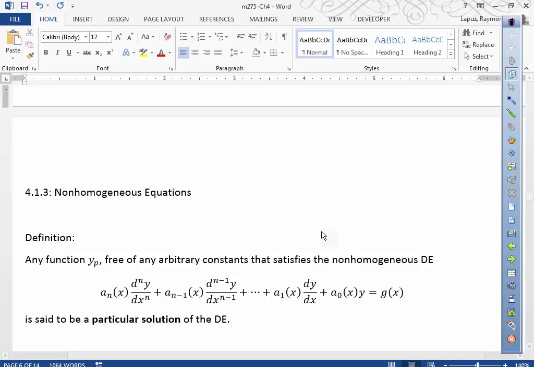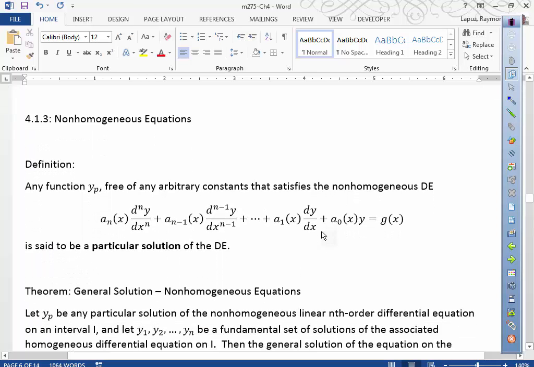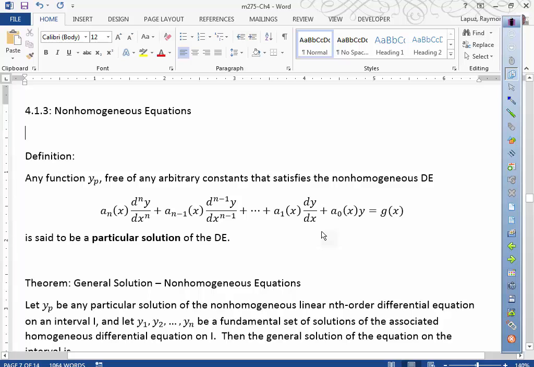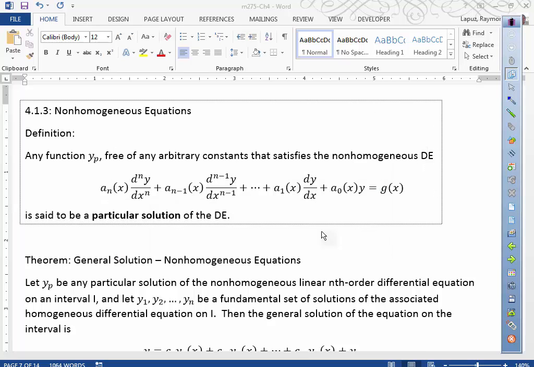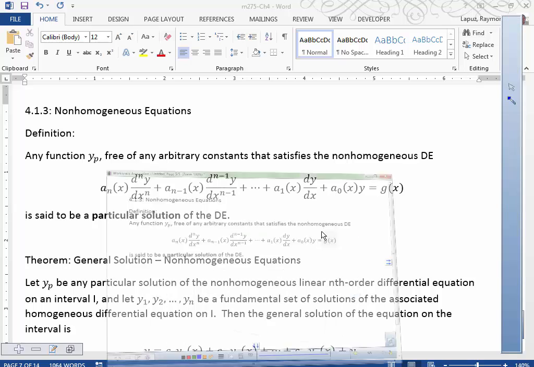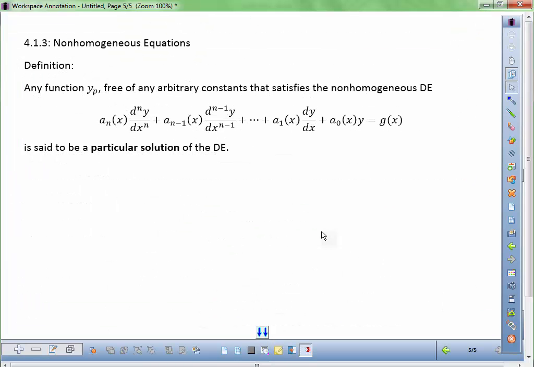Let's take a look at non-homogeneous. So the non-homogeneous differential equation kind of builds on its homogeneous counterpart, with one more step or one more function to deal with or to find.